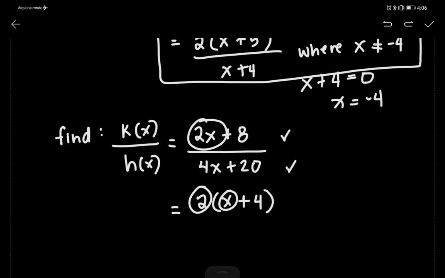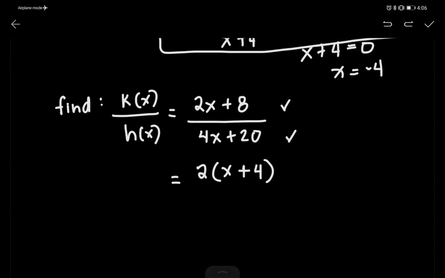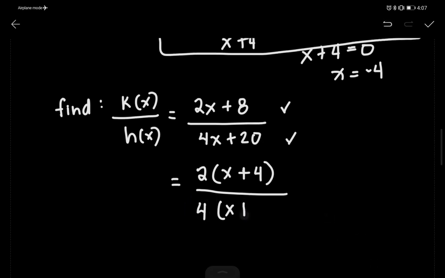Okay, so that is the process. So how about our denominator? Our GCF is 4. So we have here 4 times, 4x divided by 4. We know this is equal to x. Then 20 divided by 4, so we know this is equal to positive 5.